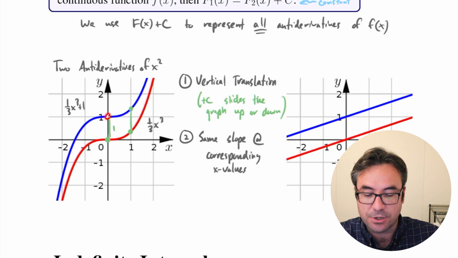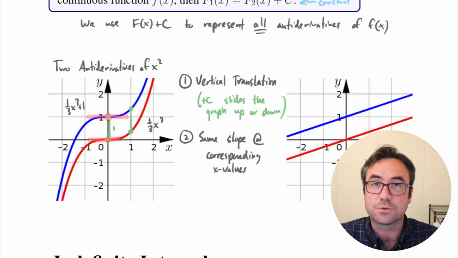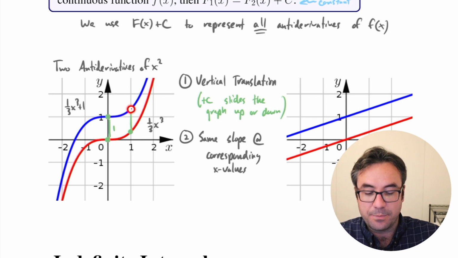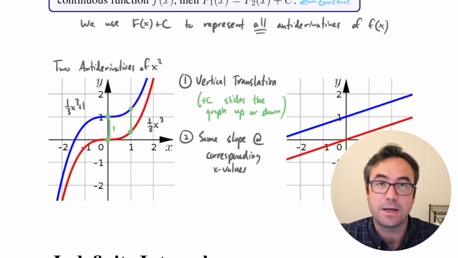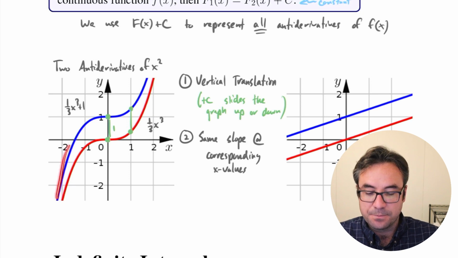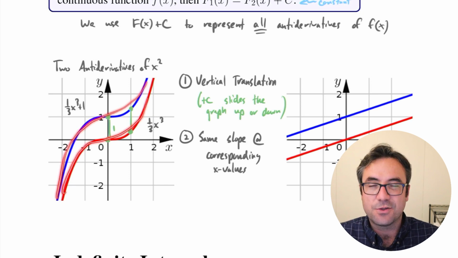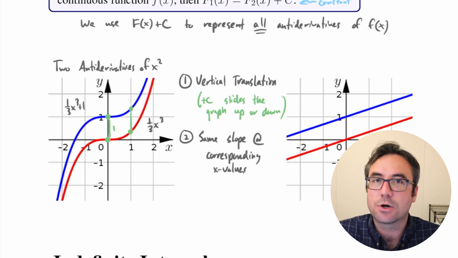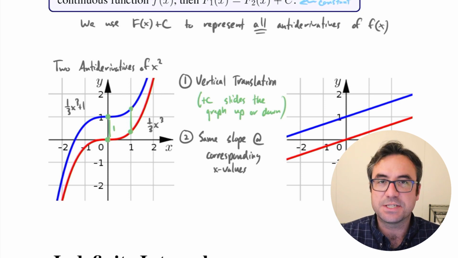The two tangent lines are going to have the same slope at those corresponding points. So any two antiderivatives are going to be like parallel curves. They're going to be vertical translations of each other, and they're going to have the same slope at corresponding x values.